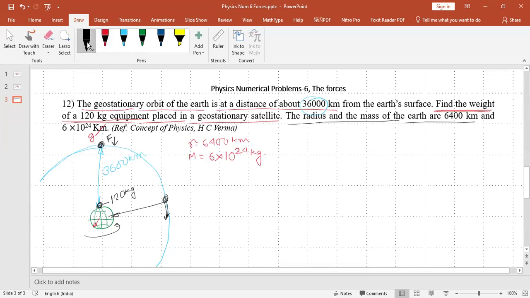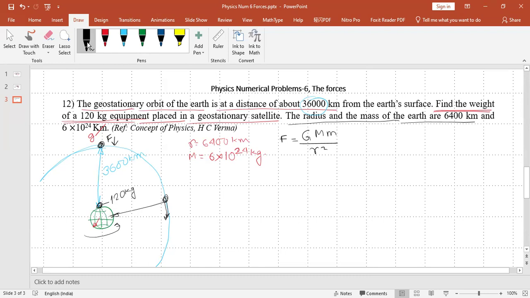The equation by the gravitation we know. Force F is given by G into the product of the two masses divided by R square, where R is the distance from center to center.